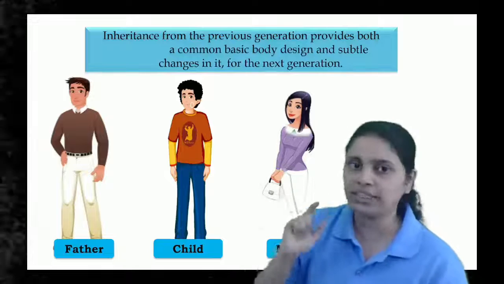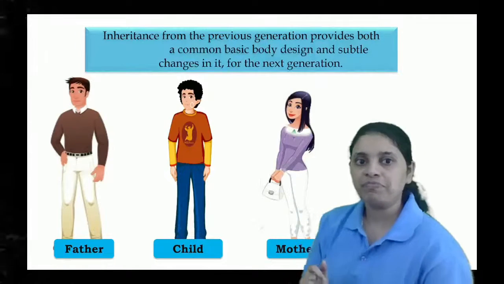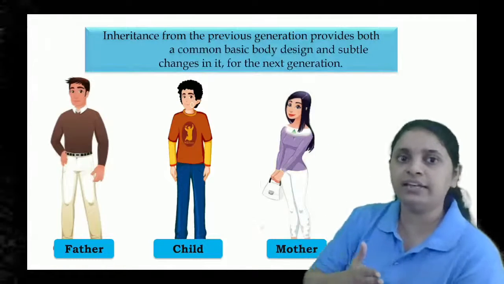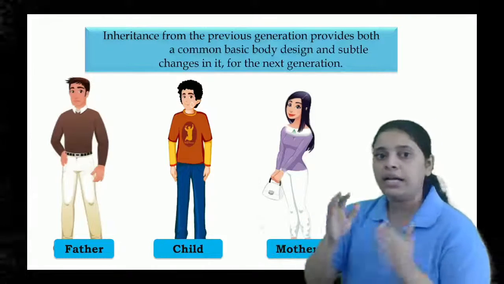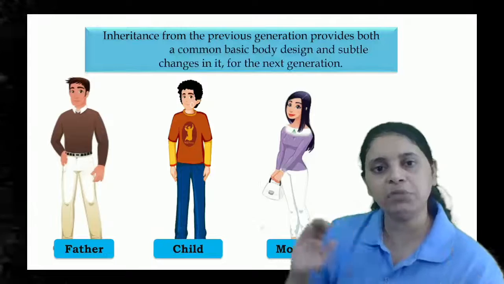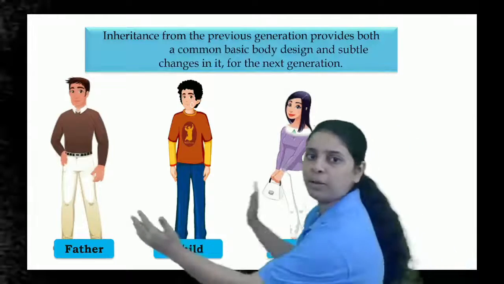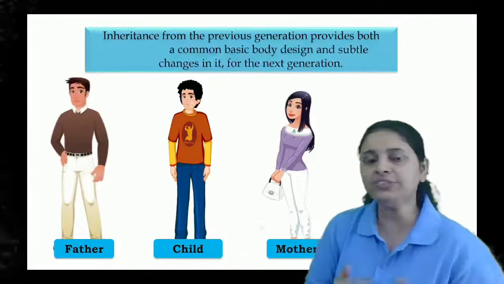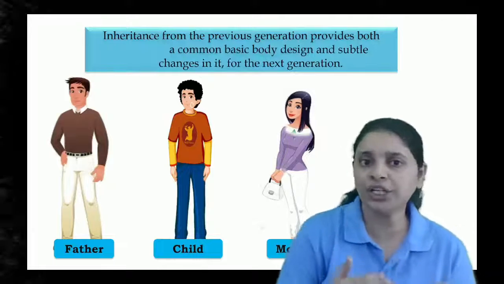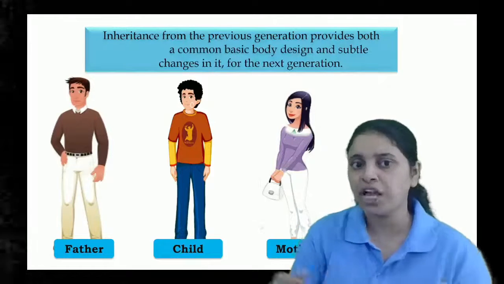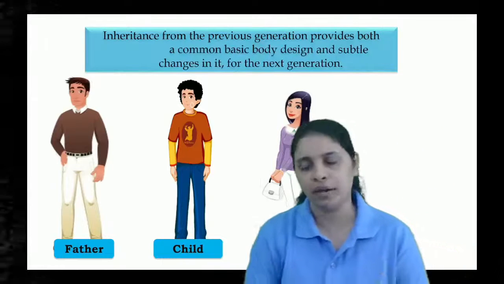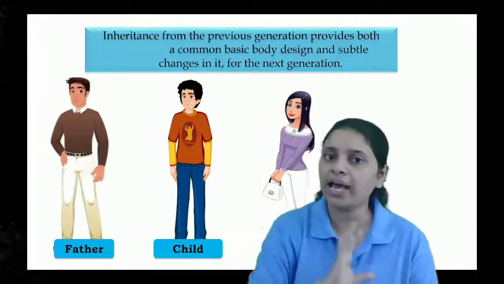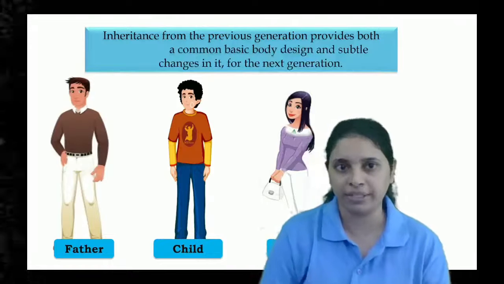So here you have to remember two points. When characteristics are inherited, transferred, at that time the information of a basic body design is passed from both the parents. Along with this, we can see some small changes also in the offspring. The offspring is not identical to either of the parents, but it has some characteristics of each parent, right?